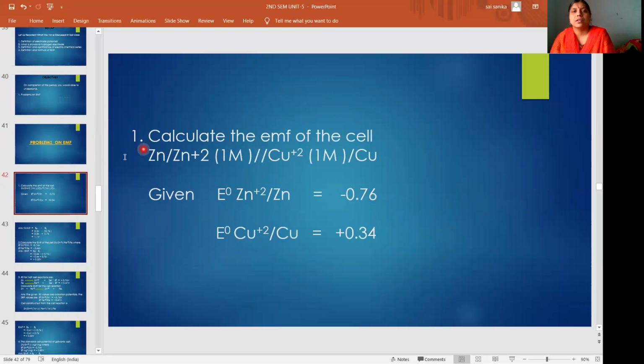First question: calculate the EMF of the cell. The cell is Zn²⁺ (1M) || Cu²⁺ (1M) | Cu. This is the representation of the cell.